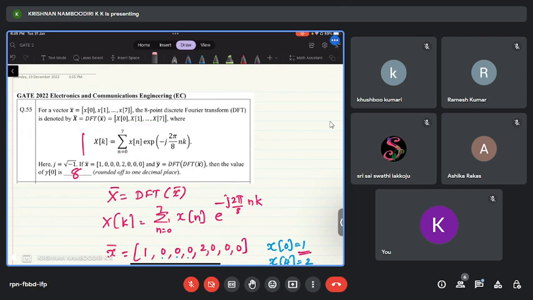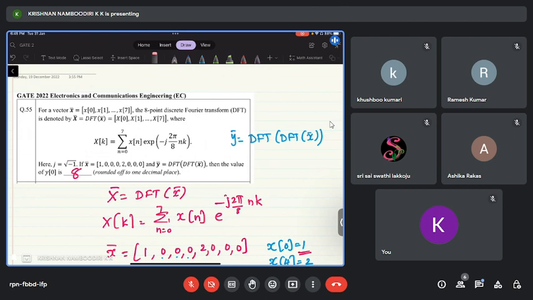The formula to find the DFT is already given, and also a vector is given: 1 0 0 0 2 0 0 0. The interesting part is to find the DFT of this vector. You do not need to find the entire DFT, you just need to find y0, the first element.